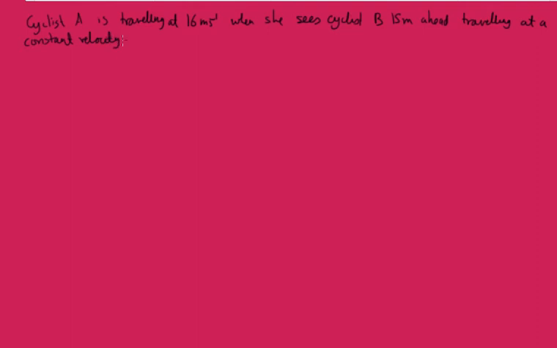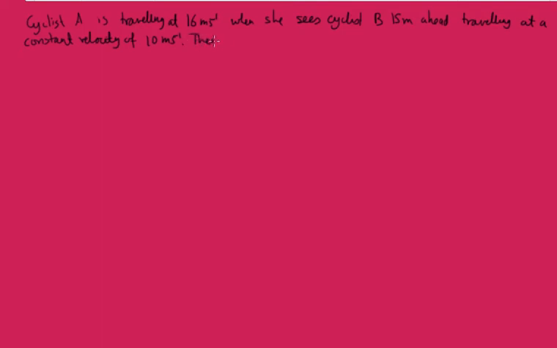Cyclist A is travelling at 16 meters per second when she sees cyclist B 15 meters ahead, travelling at a constant velocity of 10 meters per second.